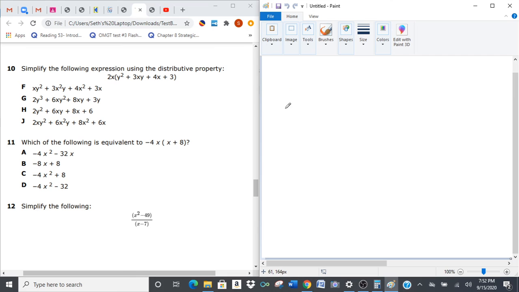So last one, this is a really long one. 2x y squared plus 3xy plus 4x plus 3. My handwriting's really bad on this.